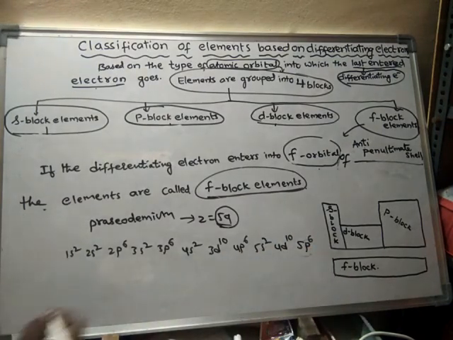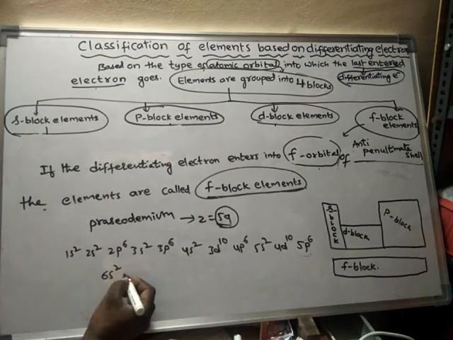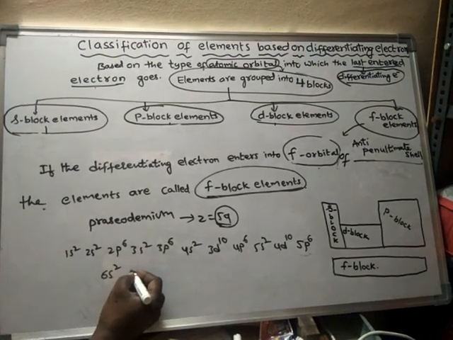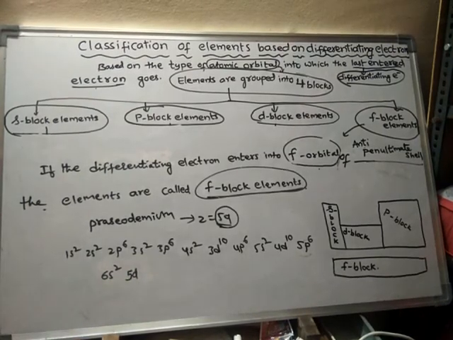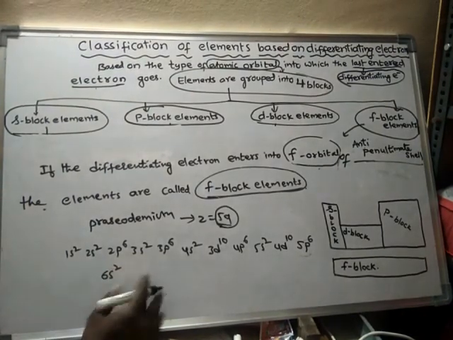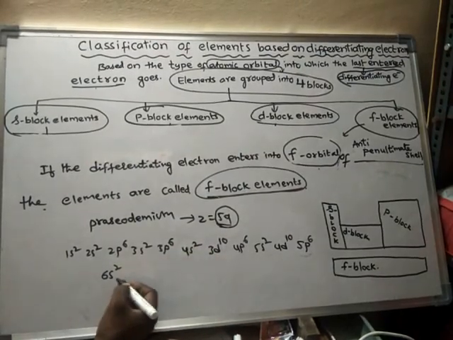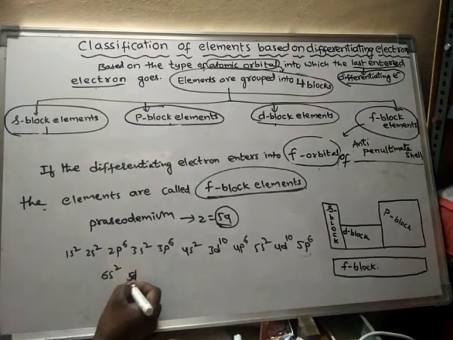After 5p6, next it is 6s2. After 6s2 it is 5d.